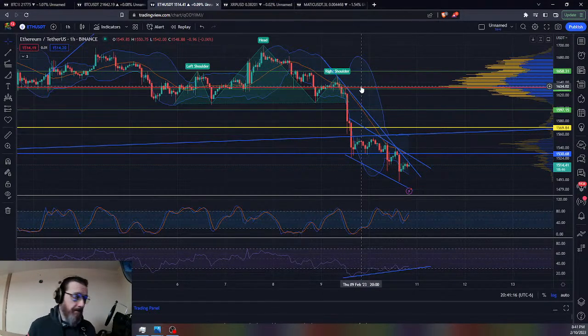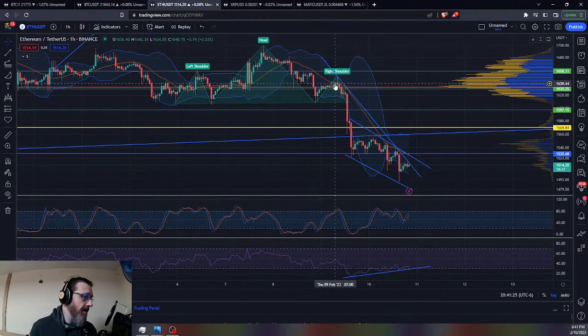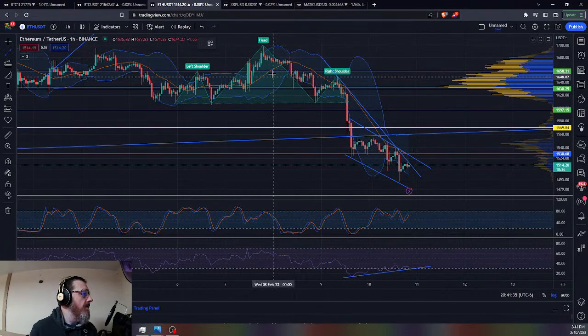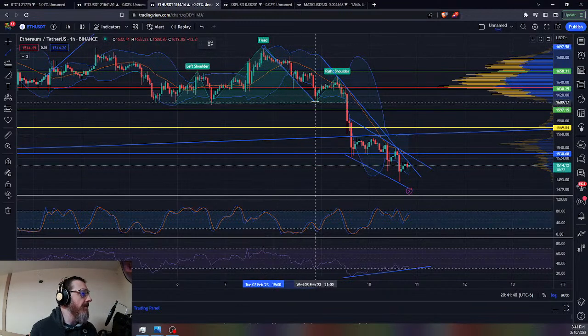And what we saw here was we lost the point of control, which was around 1632. That coincided pretty well with the rejection off the middle Bollinger Band, and that created a pretty sharp slide down. So what we're going to do is I'm going to show you how we could have actually anticipated and measured this.